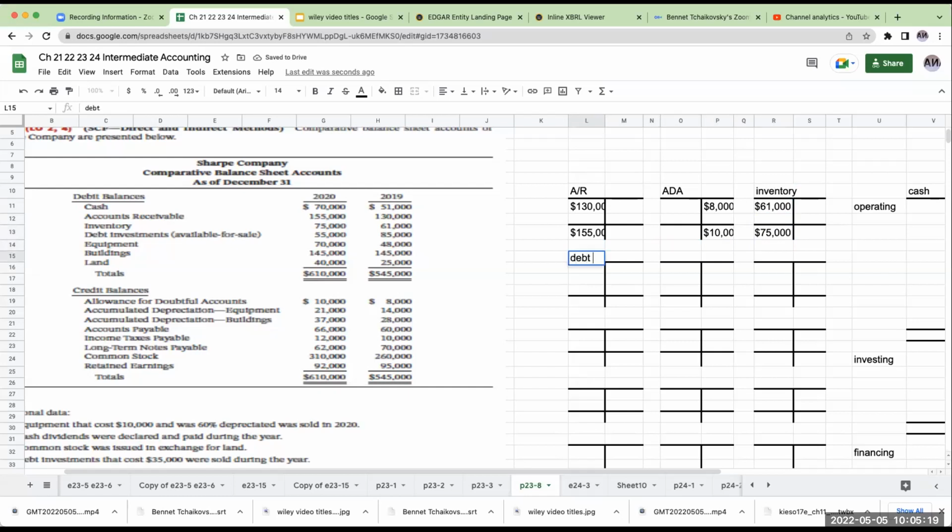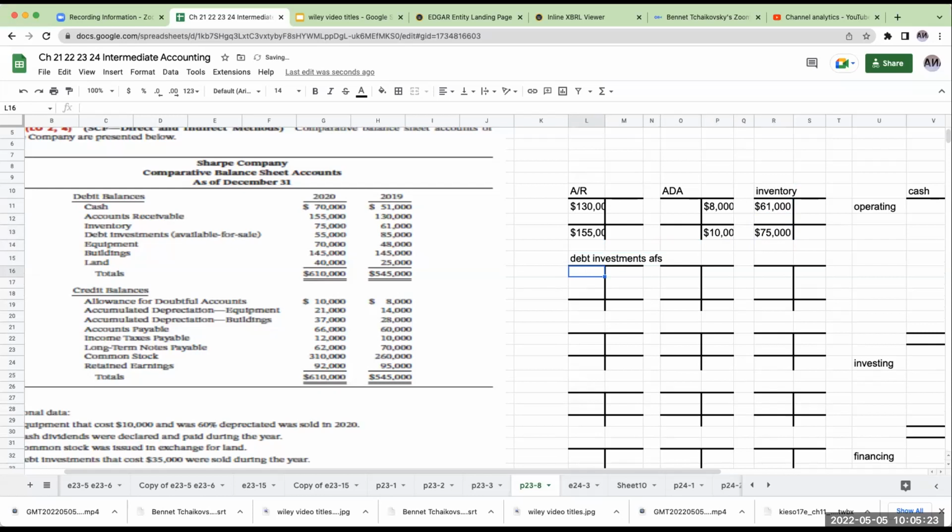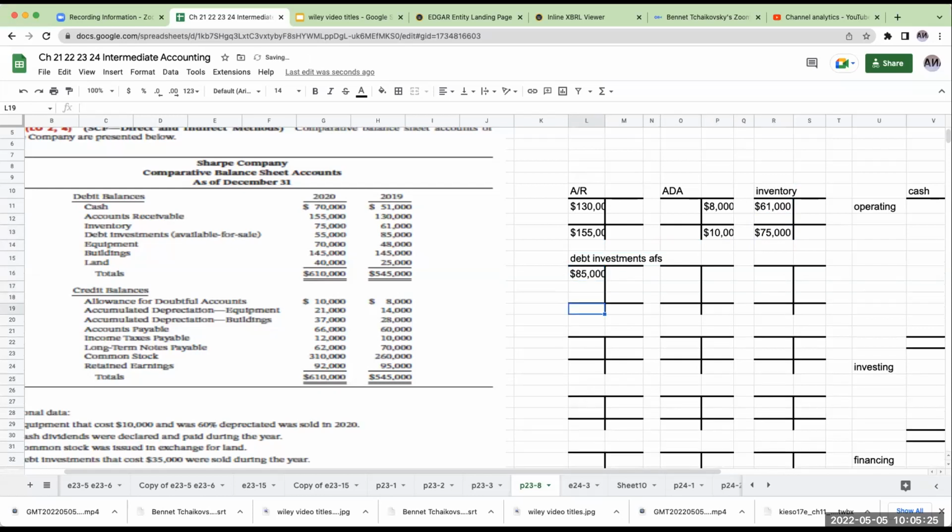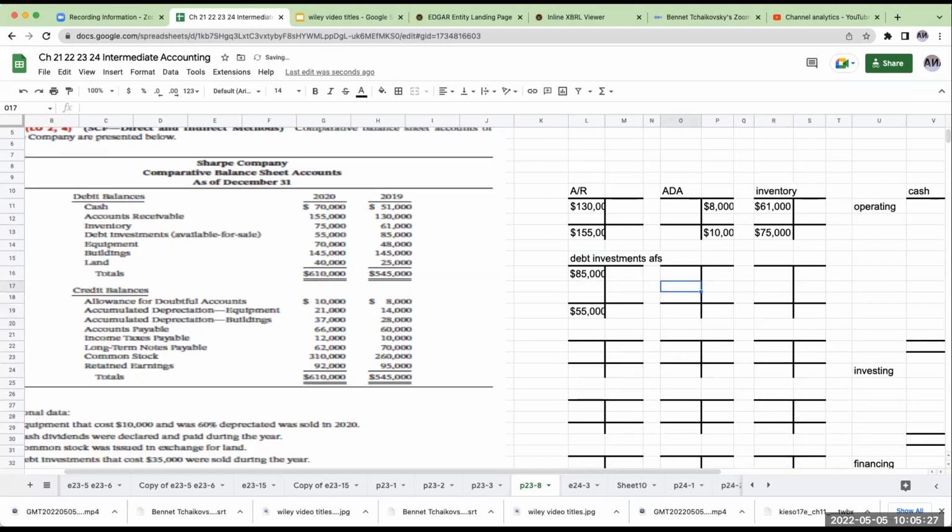Debt investments, available for sale: opening was 85, ending was 55,000. Equipment: opening was 48, ending was 70. Accumulated depreciation on the equipment: opening was 14, ending was 21.